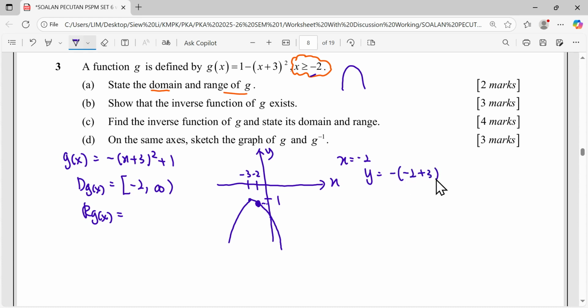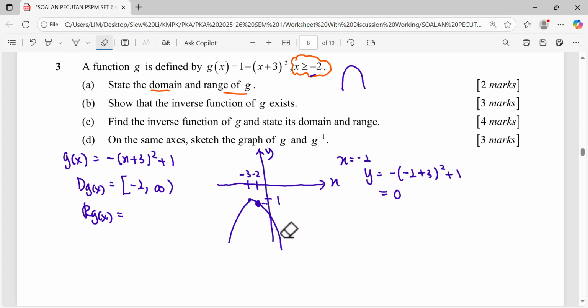Negative 2 plus 3 squared plus 1, what's your y coordinate? This is 0. Betul? No. Oh, negative 1, yeah. Negative 1, so ini kena atas sikit. So itulah pelik, 0 supposed to be x-intercept, right?